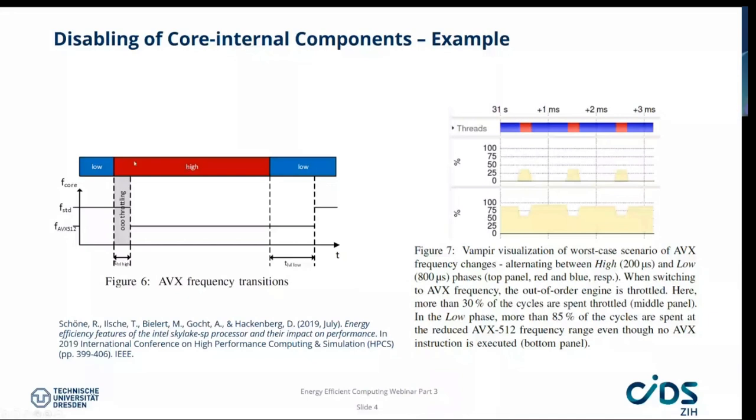What happens when you see the first AVX instruction is that the core will throttle the out of order issuing of instructions, so your instruction throughput will go down for a short while. Then it will change the frequency band, not necessarily the frequency, to stay within the power limit.